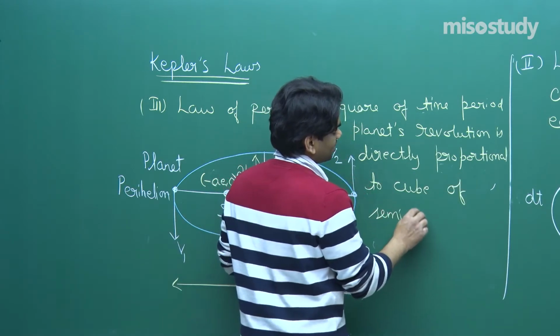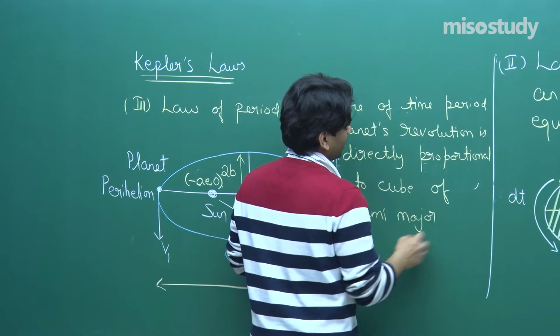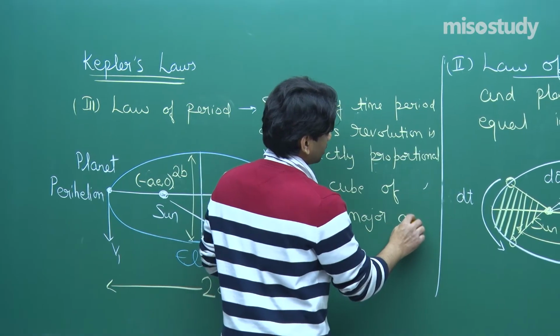When I say semi-major axis, I am referring to length a.